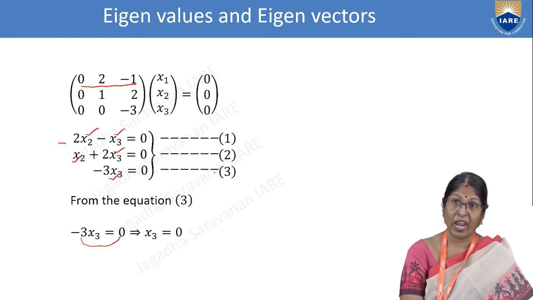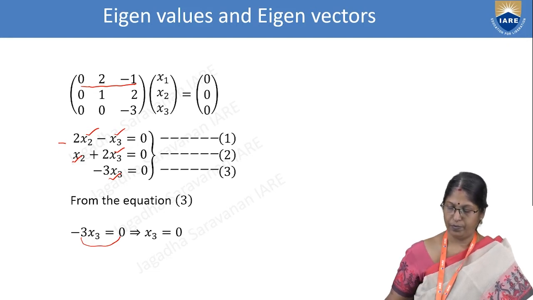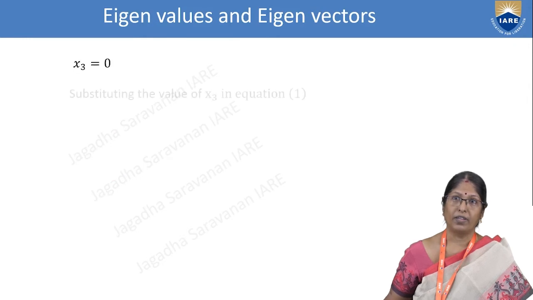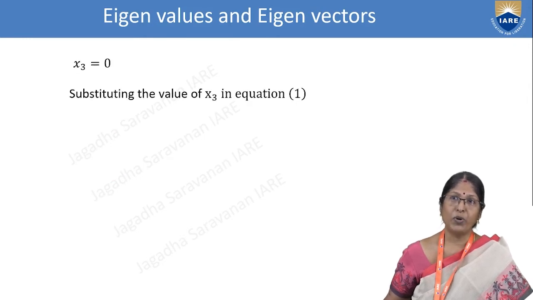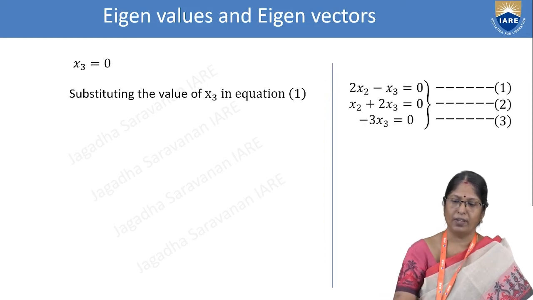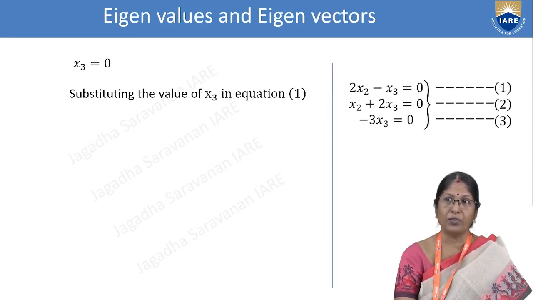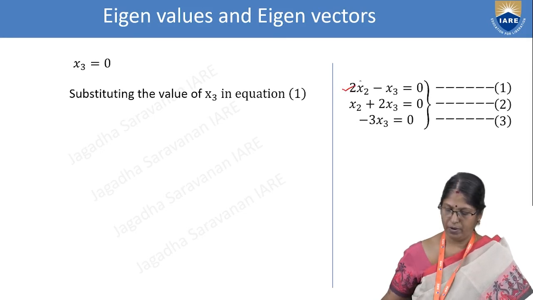Now, our aim is to find the values of x1, x2, x3. Among the three, we got the x3 value equal to 0. Now, substituting the value of x3 in equation 1. You can see this equation, this is our equation 1.